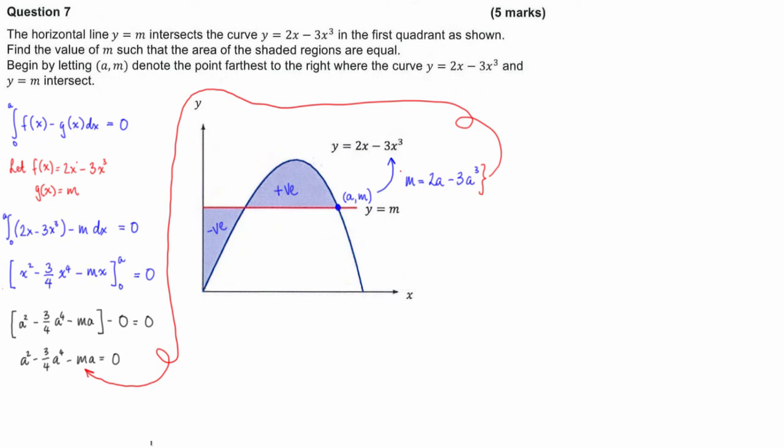Well, this is going to be equal to a squared minus 3 over 4 a to the power of 4. The next thing, rather than writing m, I'm going to write this a here. So let's just get my a that I've already got there, and I'm going to multiply it by 2a minus 3a cubed.